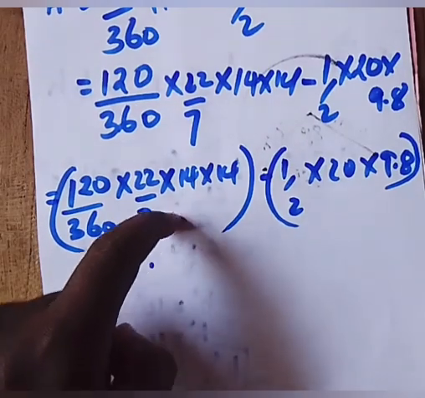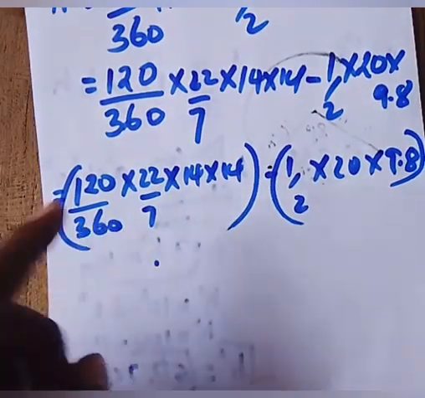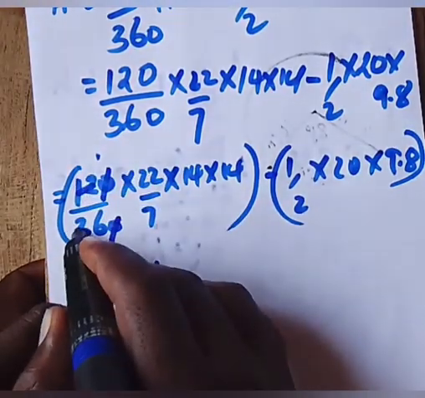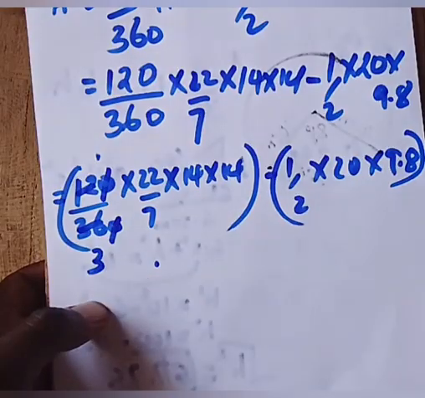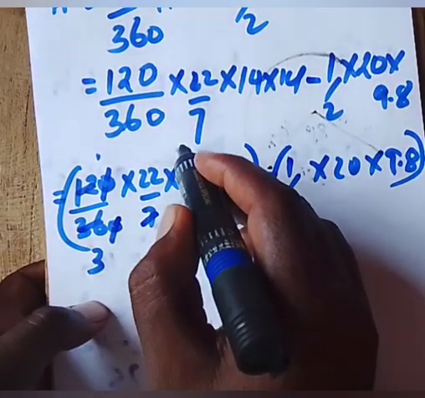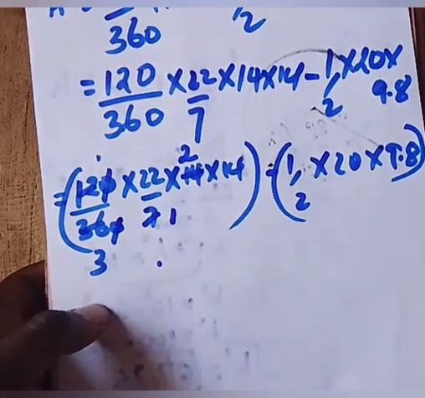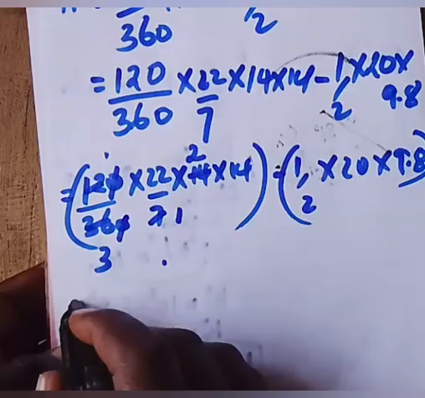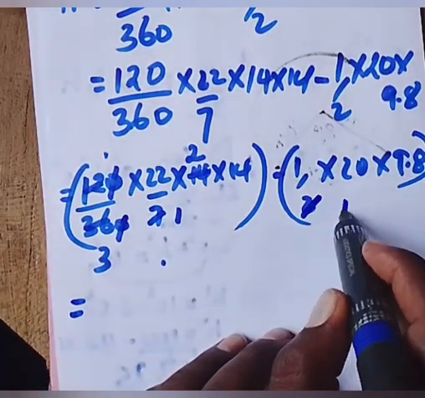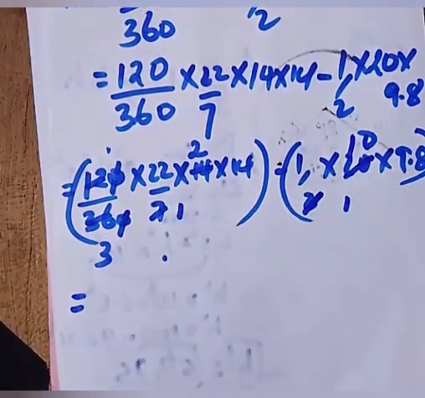Looking at the first part of the question, can we simplify this? So 0 goes with 0, 12 by 12, 1 by 12, 3. Then 7 by 7, 1, and 14 by 7 we get 2. Then we do not have anything else that we can simplify. For the other part, 20 by 2, 1, by 2, 10. So let's solve this first part.